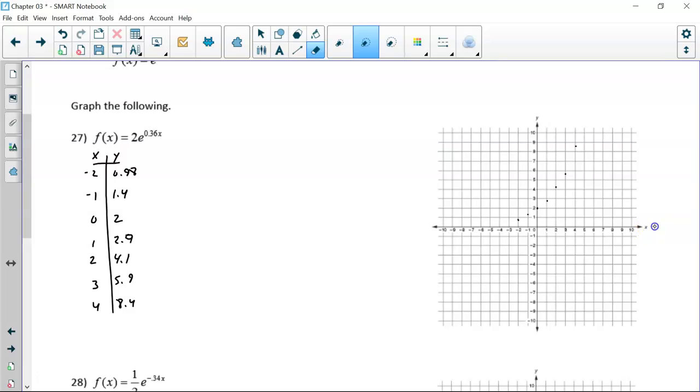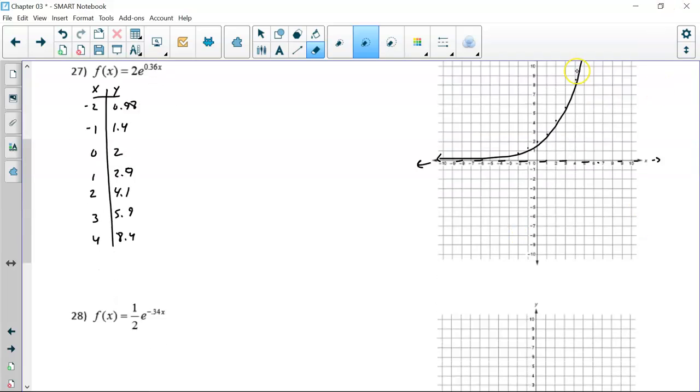So keep in mind, the horizontal asymptote here, no matter what you use as your exponent, you'll never get to 0 or below 0. So there it is. It's just a special type of exponential function where the base is e. That's it.